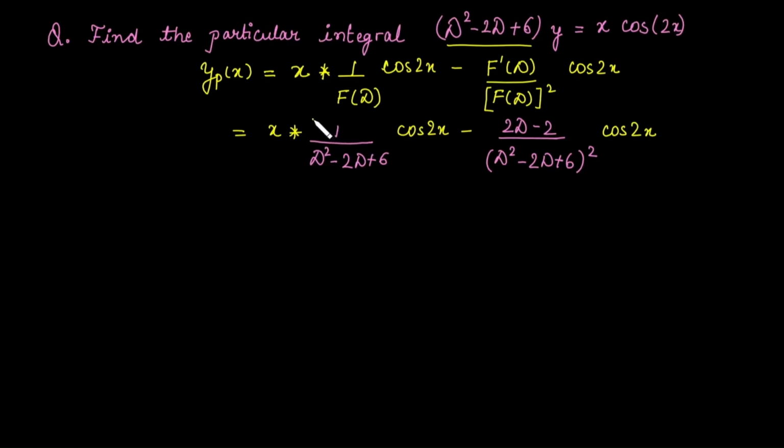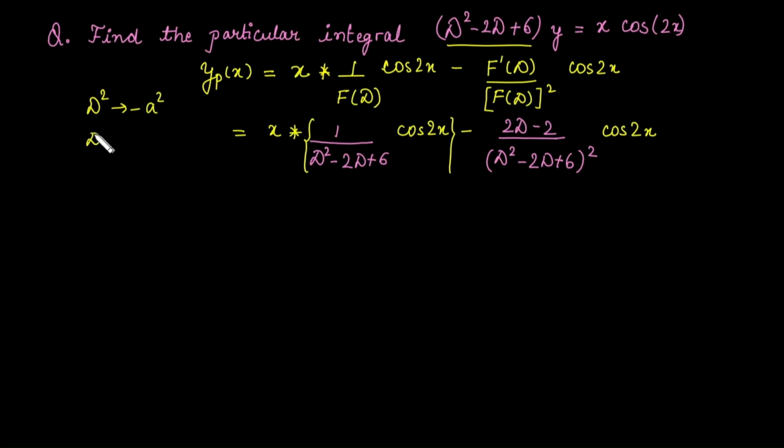Now we need to operate this operator on cos 2x, and the same in this case, this operator on cos 2x. In case of cos we replace D squared by minus a squared, where a is the coefficient of x in the cos function. What is the coefficient of x? That is 2.